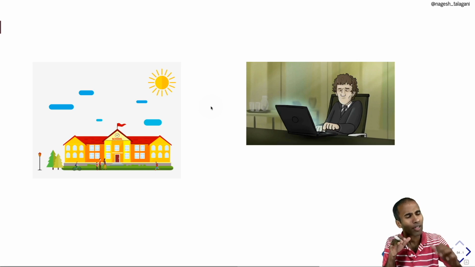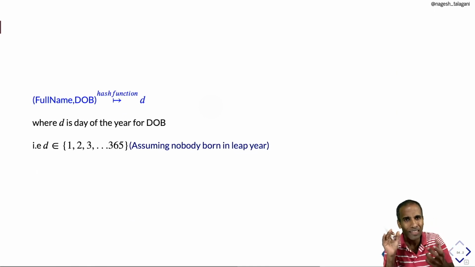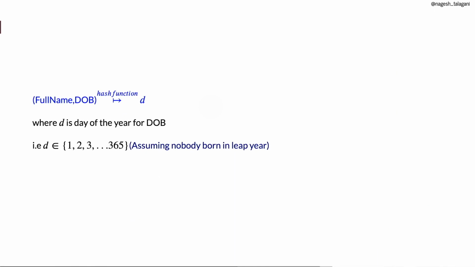Let's say for this school project, you have the following hash function in your mind. Here, let's say our keys are the tuple (full name, date of birth). Okay, this is our key. If we feed this key to the hash function, it will spit out a number called d.